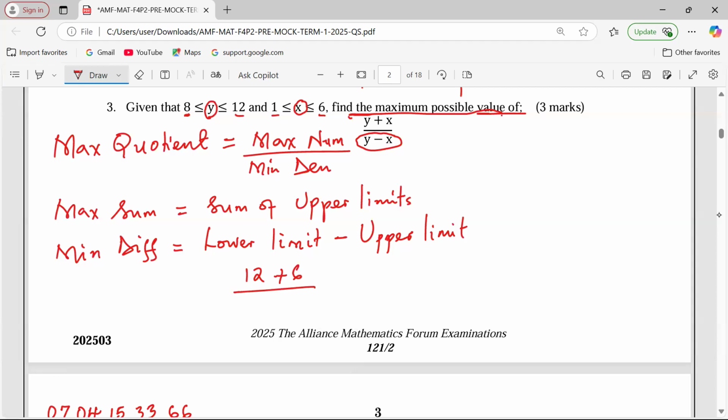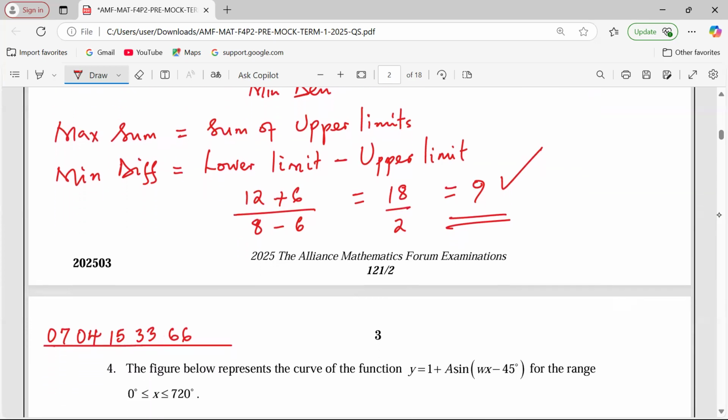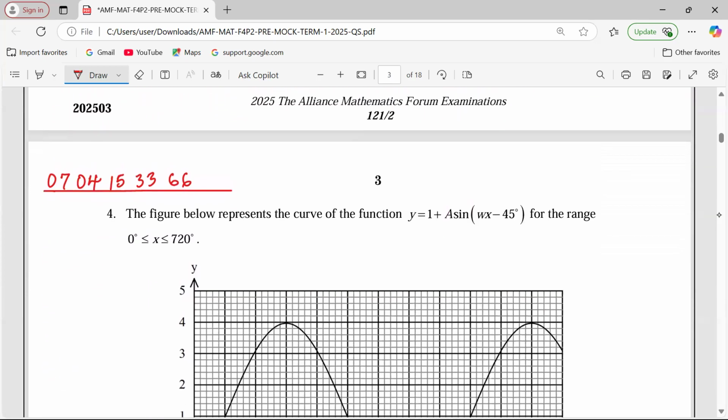Divide by a minimum denominator, and the minimum denominator is contributed by a difference, whereby we need the lower limit for y, which is 8, minus the upper limit for x, which is 6. You see, at the end of the day, we have 18 divided by 2, and this results in 9. So that is the final answer, 9. I think students are supposed to really understand what is happening there.